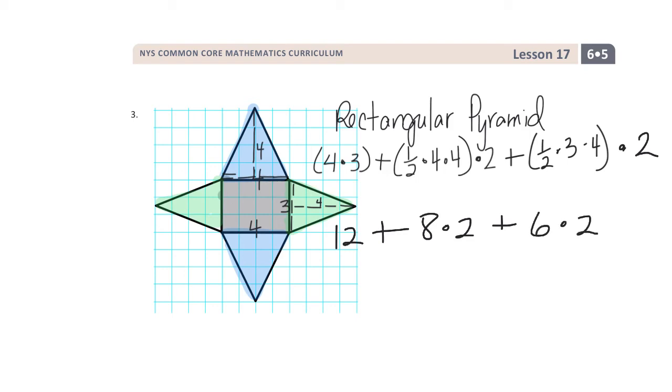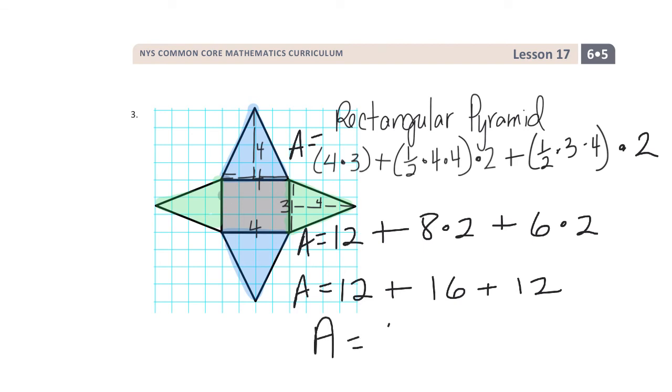And I'll also be multiplying that by 2 because there's 2 of those. So now I'm going to take care of my multiplication. 12 plus 16 plus 12. So we want to add those together. And my area is 40 centimeters squared.